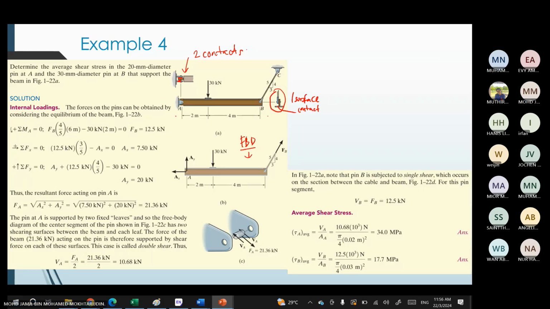You use FB, so you don't need to take C. You draw the free body diagram, and from here you can determine the forces by using equilibrium of moment and equilibrium of forces. The calculation we will look at in more detail next week. So you get FB, AX and AY.